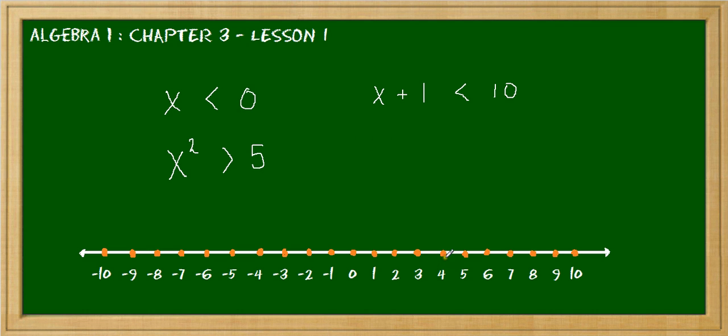Now, lastly, we have the quotient of a certain number and 2 is more than 8. The quotient of a certain number. Now, quotient means to divide. The quotient of a certain number and 2, which we would write x over 2, right? We could write it that way. Another way that you may have seen, you have used in the past, is this way, but we're not using that anymore.